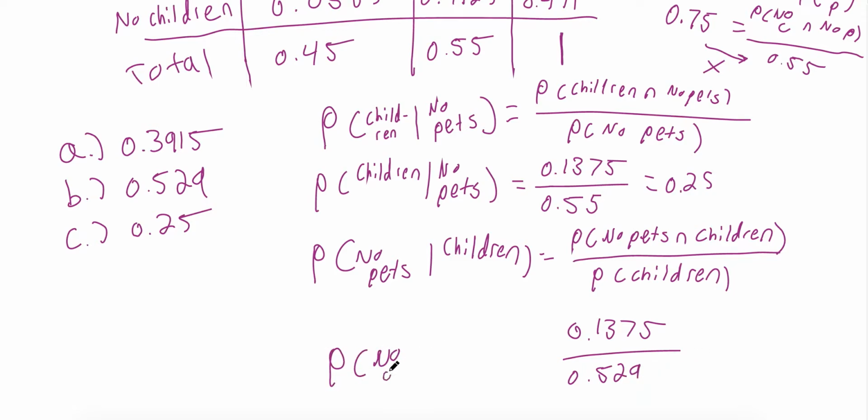No pets given children equals that, and our final answer is 0.1375 divided by 0.529, which equals 0.2599. Yes, they're close, but that's not always the case.